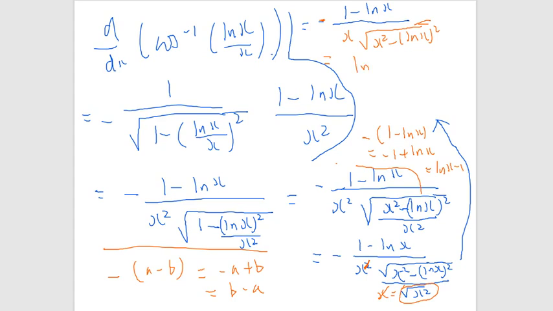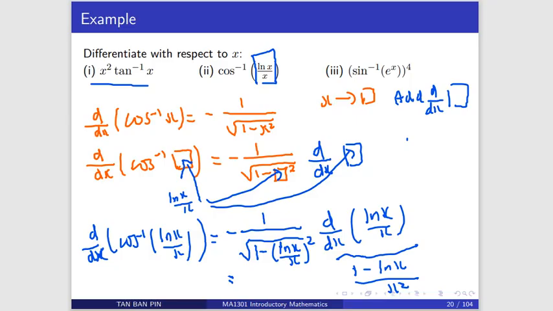So the final answer is ln x minus 1 over x square root of x squared minus ln x whole thing squared. So this is the simplest answer. That's how we deal with this.